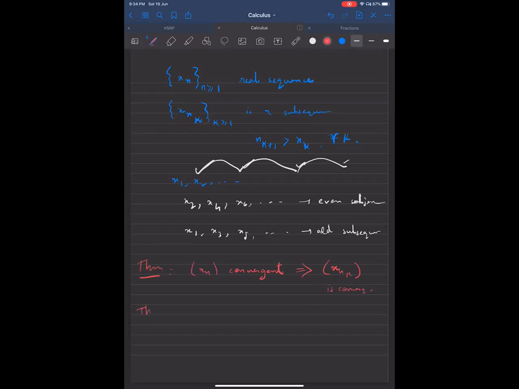And then there is another very important theorem, the Bolzano-Weierstrass theorem, which says that if xn is bounded, then there exists a convergent subsequence.